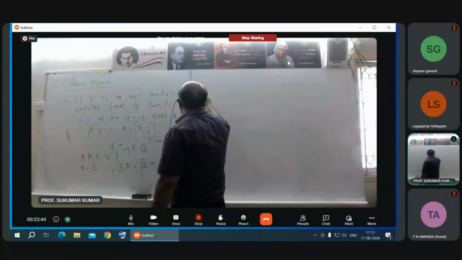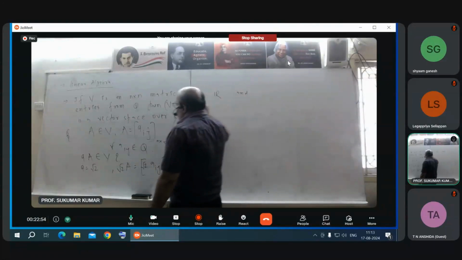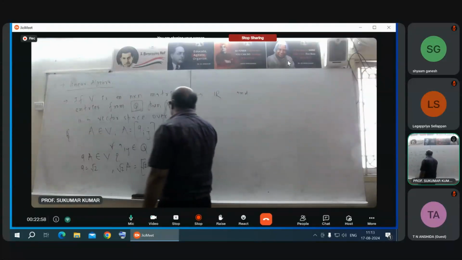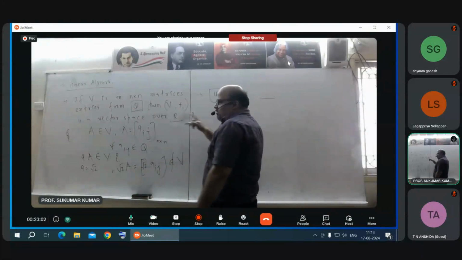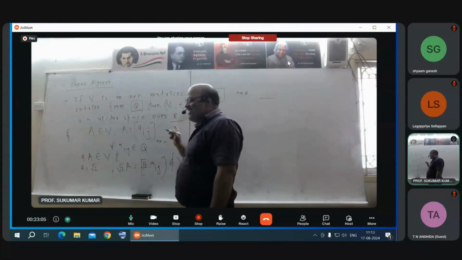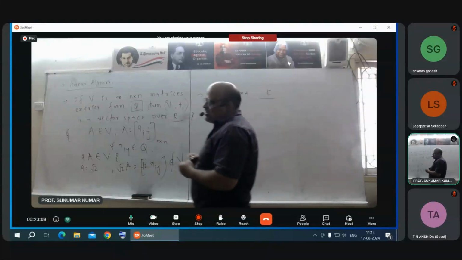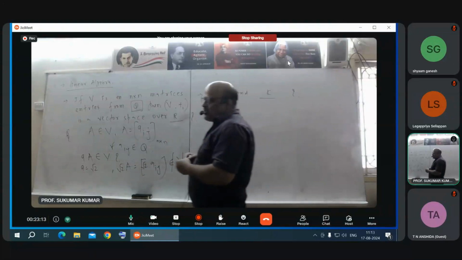Suppose entries are from R and over the field C, is it a vector space or not? I am changing the box. I gave two notations; I can't write the question every time. Next question, same things.